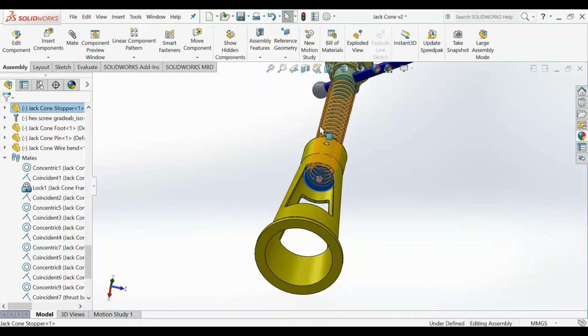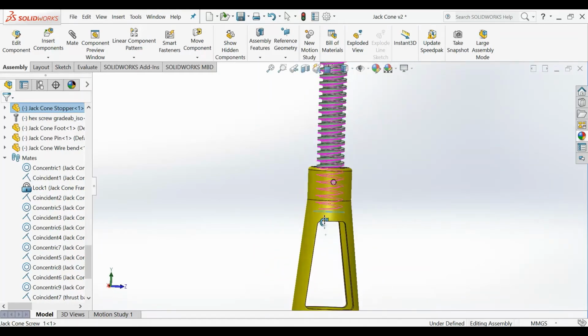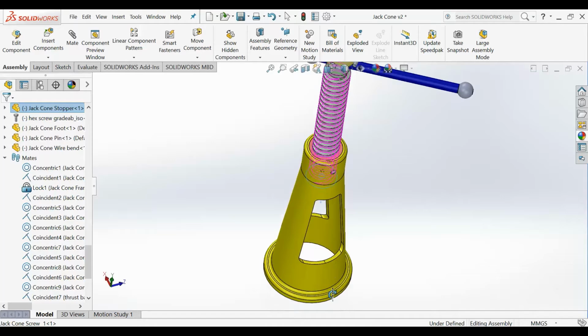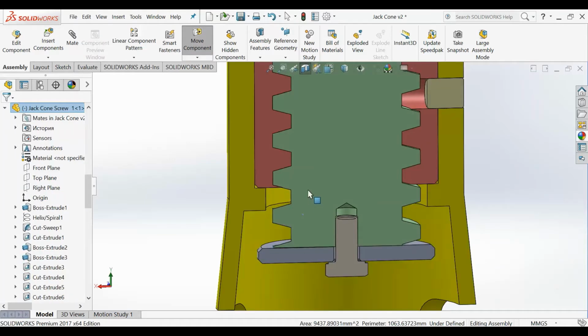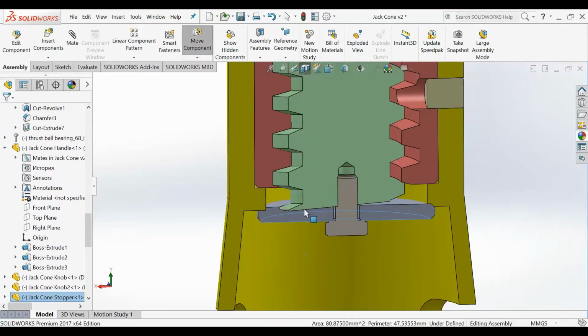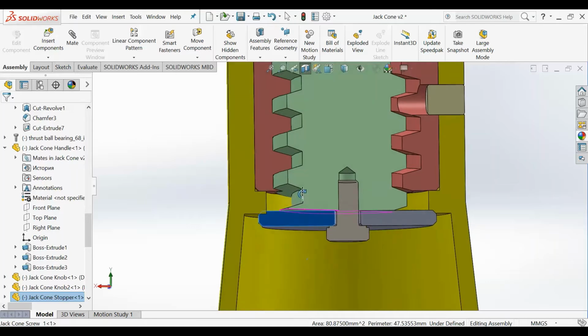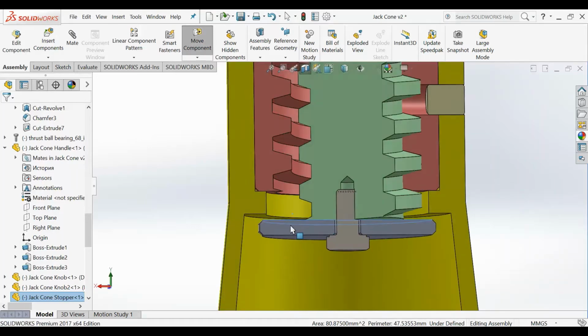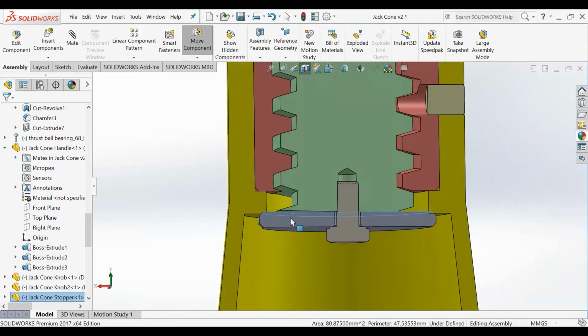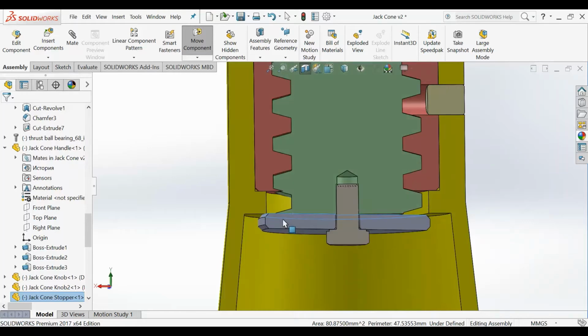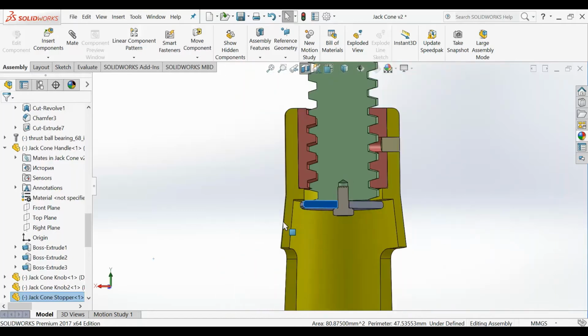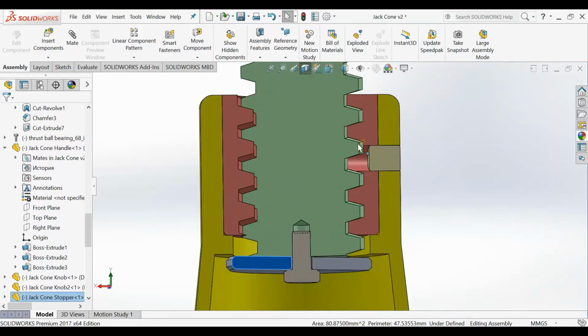So the simplest one may be, if we move it up in this position, the stopper is fixed, the screw doesn't give a motion up. Here, the pin I showed you.